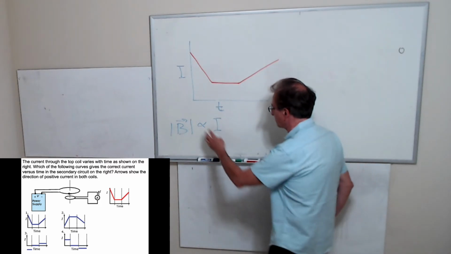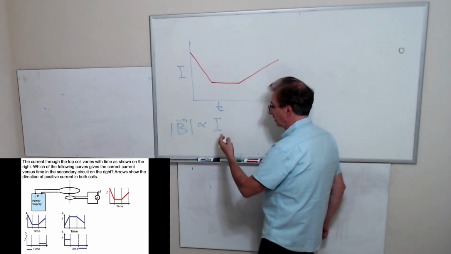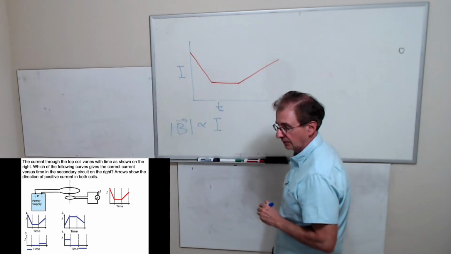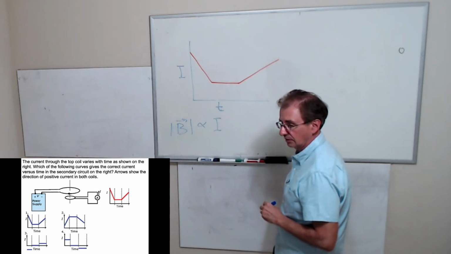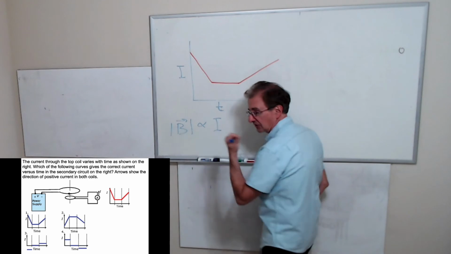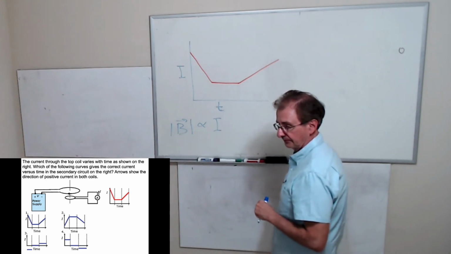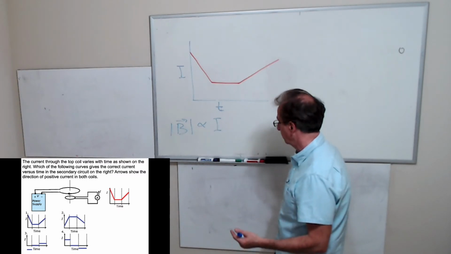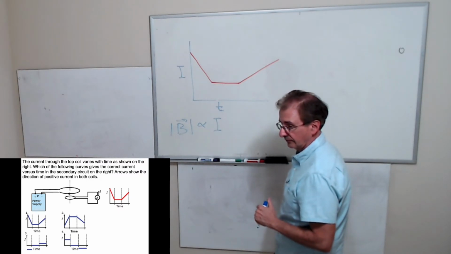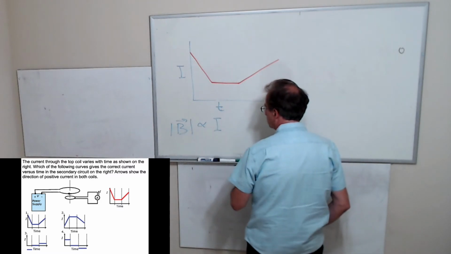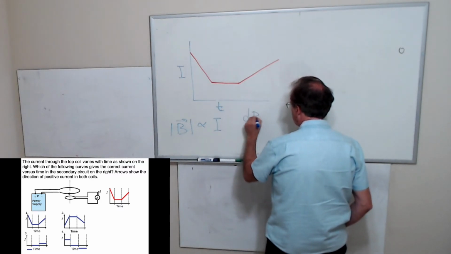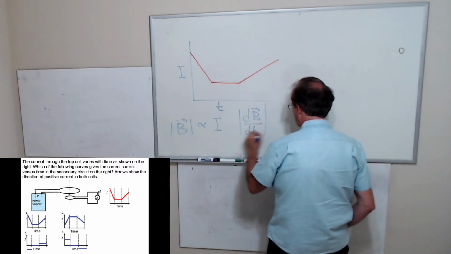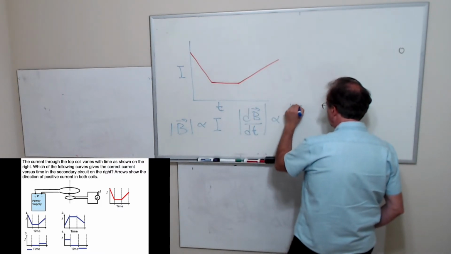It's going to be a bunch of numbers and then some geometry times I. So however this scales, this will scale the same way. And then so will the derivative. So if B is proportional to I, dB over dt, the magnitude, will also be proportional to dI dt.